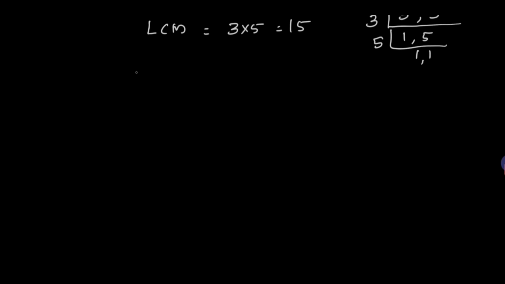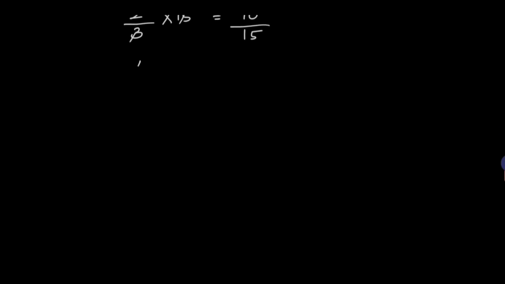Then multiply 2/3 with 15 and we get 10. The 3 cancels out in this 15. Both numerator and denominator we multiply, so it is equal to 10/15. 4/5 is multiplied with this 3, giving 12/15.